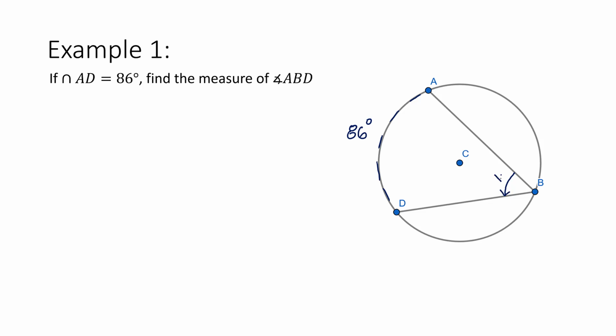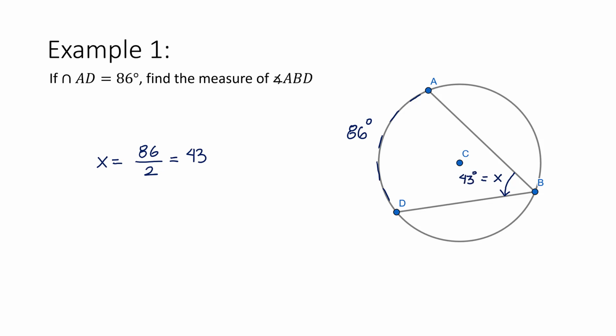We're going to call it X. Then to find the measure of angle X, we need to take half of its intercepted arc, which is half of 86. Half of 86 is 43. That means that angle X is 43 degrees.